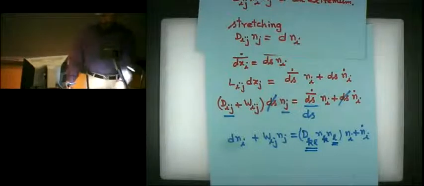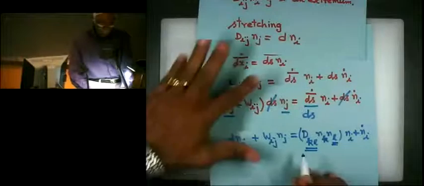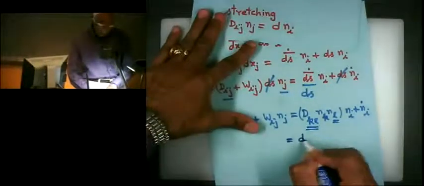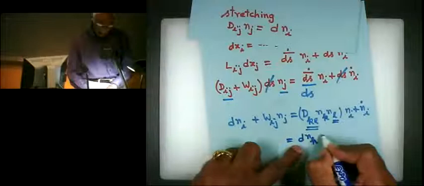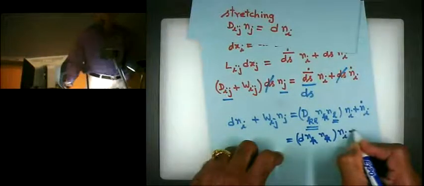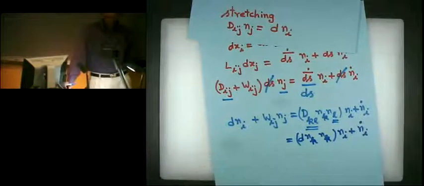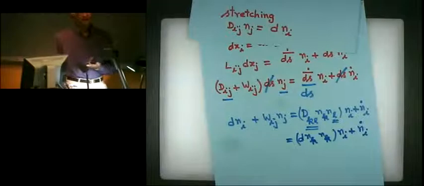But what is this quantity now? dkl nl. Remember, it's an eigenvector. So this will be equal to d nk. Then I have another nk here, ni plus ni dot. But what is nk nk? 0?